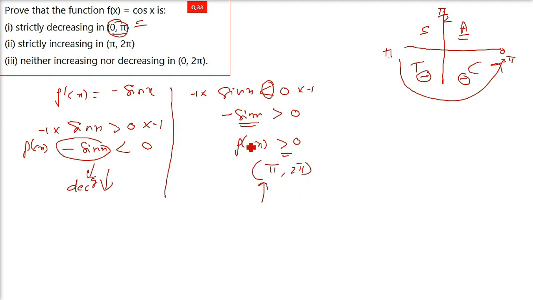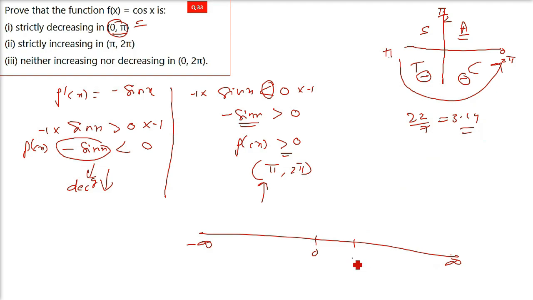When you combine these two, 0 to pi and pi to 2 pi, from negative infinity to infinity, I am talking about an imaginary line. If this is 0, this is pi, and 2 pi, because pi is simply 22 by 7. You can mark it, and to explain, you can find whether we are talking about any number which is higher or lower.